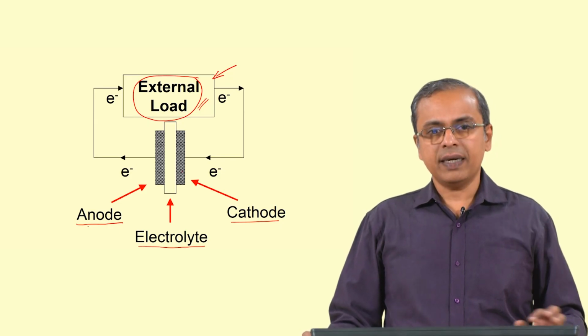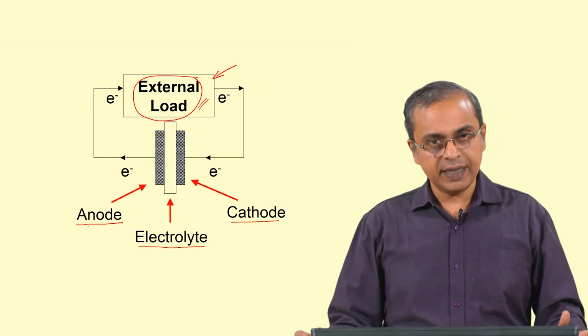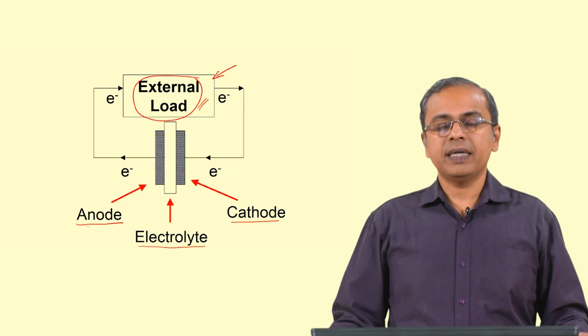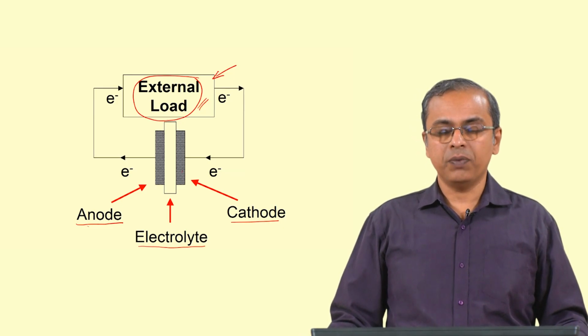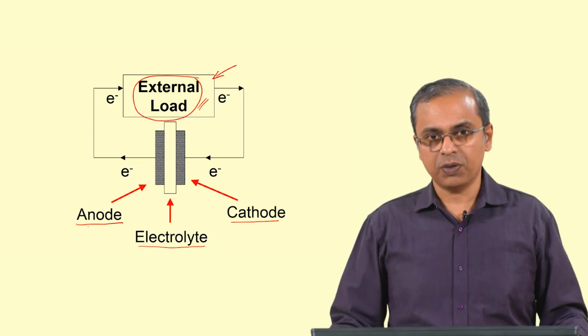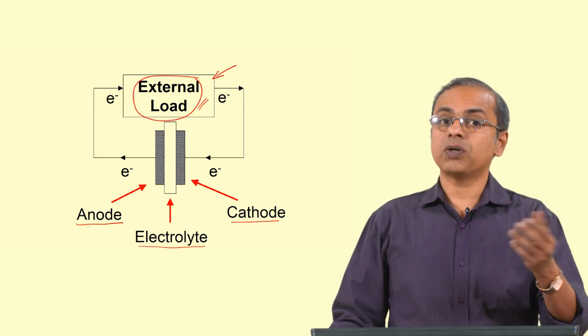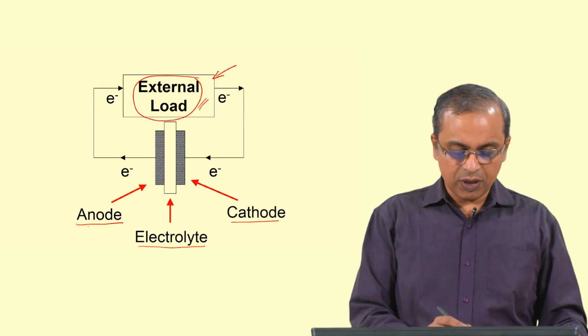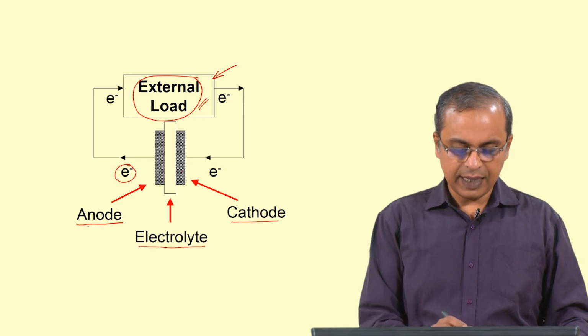Typically the anode is where the oxidation reaction takes place, so some species is getting oxidized. The most fundamental way to define oxidation is that an electron is released from that species. That electron is what you see here, headed off into this external circuit.